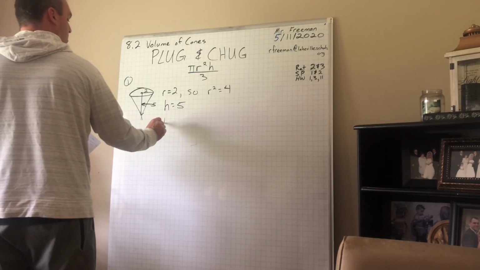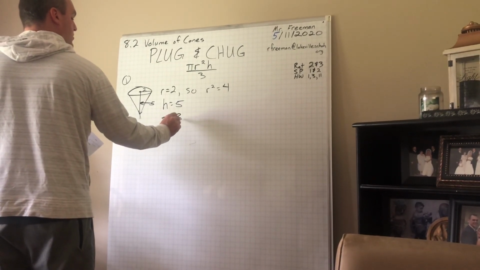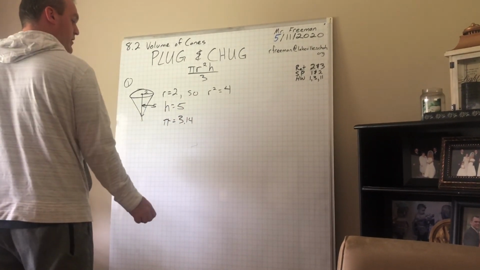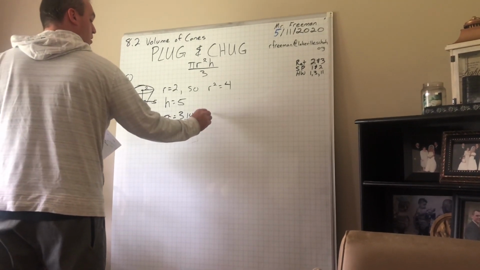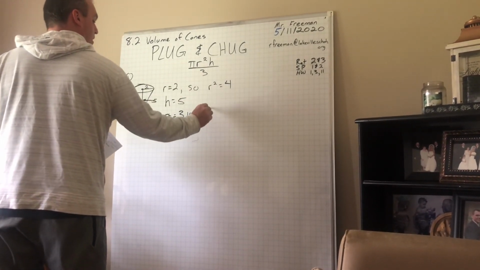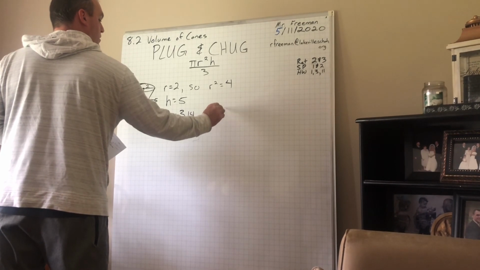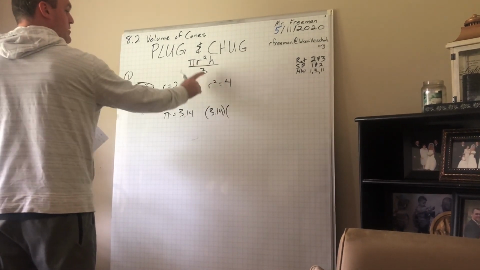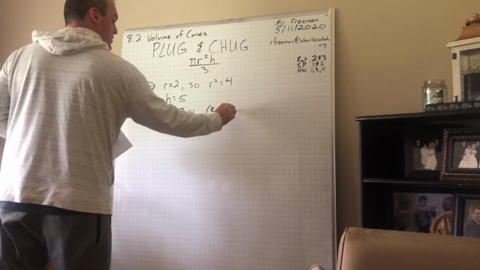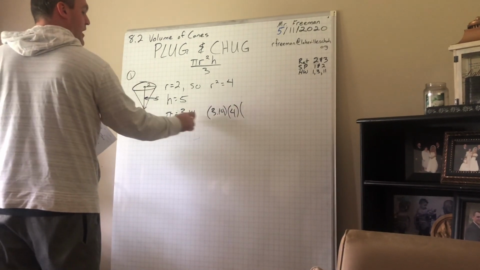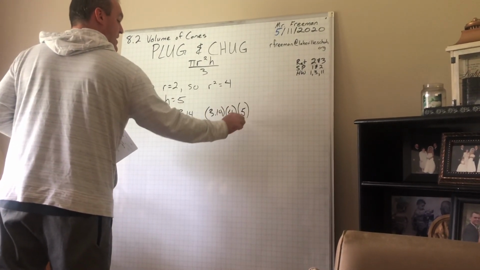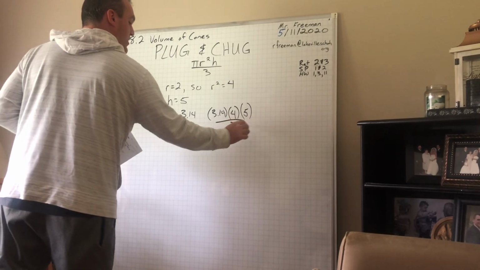And then we know, of course, that pi is 3.14, always, always. Okay, so we fill in our formula. Pi, 3.14, times the radius squared, which is 4, times the height, 5. And we're going to divide all that by 3.